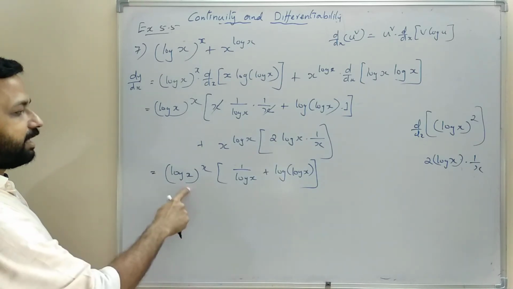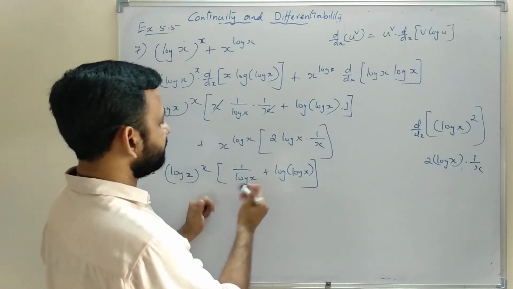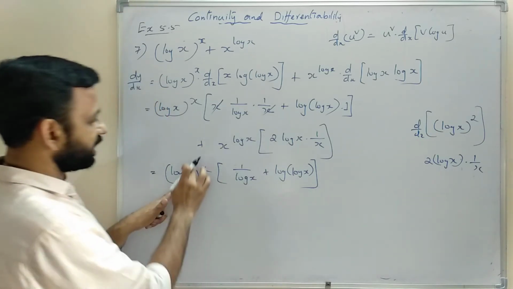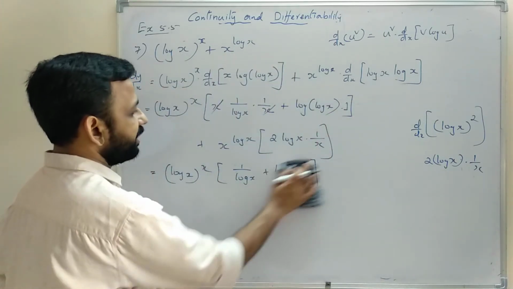If you want, we can combine this one. Here we will take log x in the denominator, and this one can be combined. I think the backside answer may be in that form.